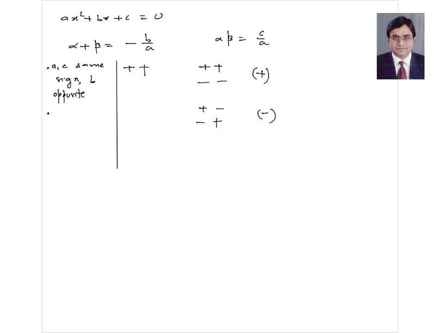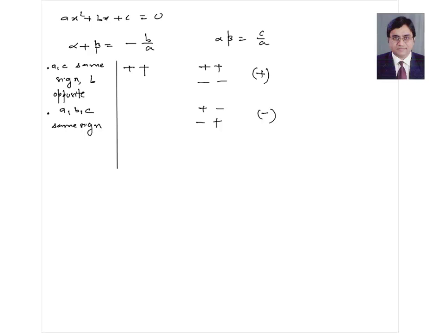Case 2. a, b and c have got the same sign. First root is negative, second one is positive.